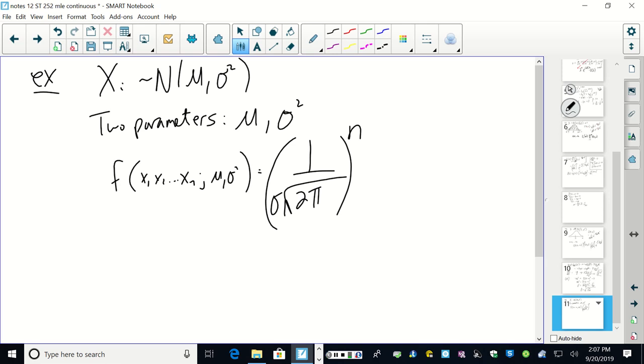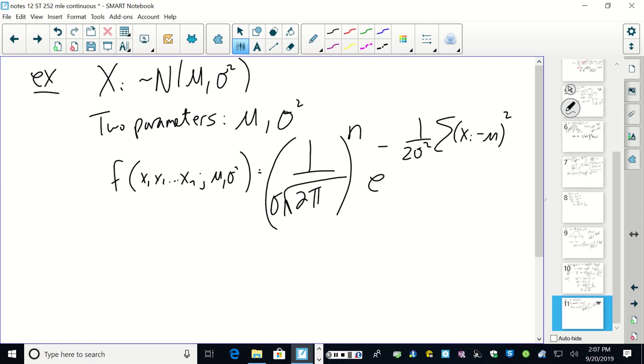But it ends up being that, and then there's an e to the negative 1 over 2 sigma squared, and a sum of xi minus mu squared. So both parameters show up in there. And now, maximum likelihood is to choose both parameters simultaneously to make the data most likely. So in a normal case, you're choosing the center and you're choosing the spread to match your data optimally.